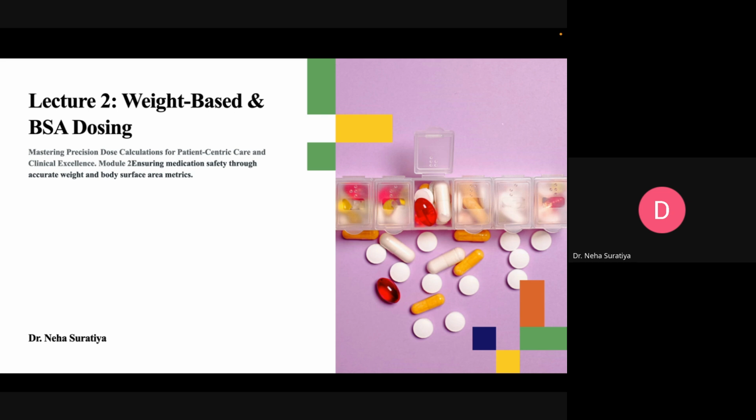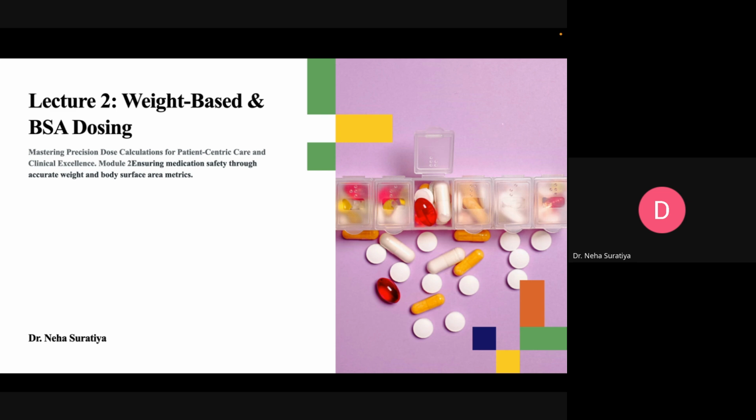Second, you should know where to use weight-based calculation and where to calculate according to body surface area, and the importance each holds. Weight-based dosing is always expressed as mg per kg, so according to the weight in kilograms, the milligrams are set. Body surface area based dosing is expressed as mg per meter squared.